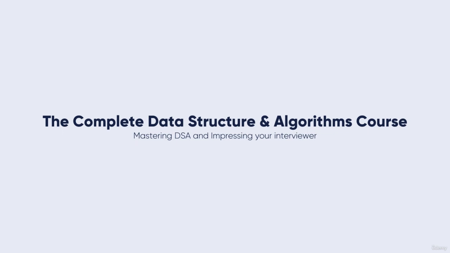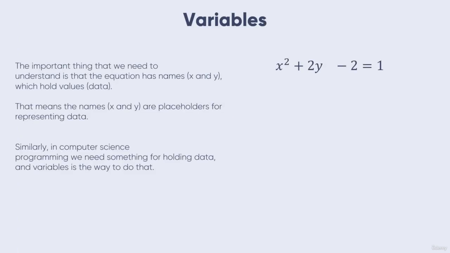Before getting into the definition of variables, let us relate them to an old mathematical equation. Many of us would have solved many mathematical equations since childhood. As an example, consider the function here and the equation x squared plus y minus 2 equal to 1.